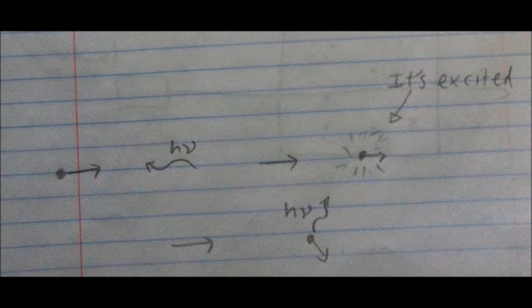Additionally, the particle is going to eventually relax, and it's going to emit a photon in a random direction. Ultimately, the effect of all this is that the particle that is excited by the laser will have a lower momentum after the absorption and fluorescence than before the absorption and fluorescence.